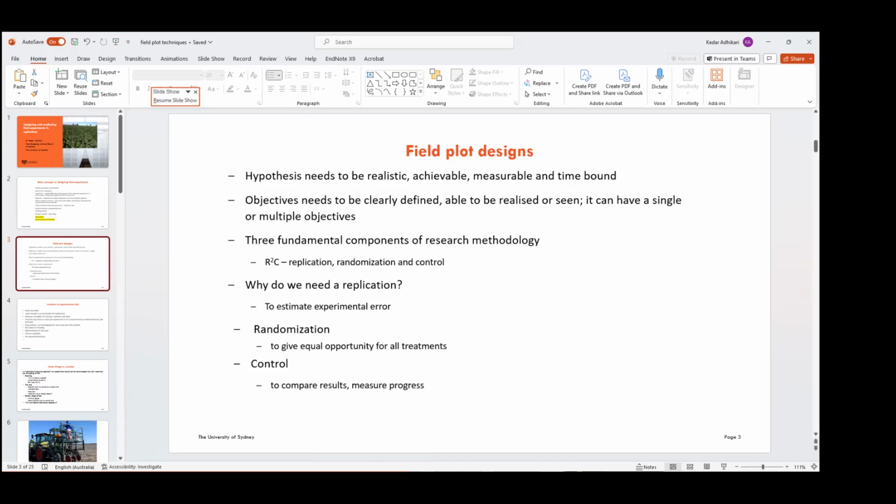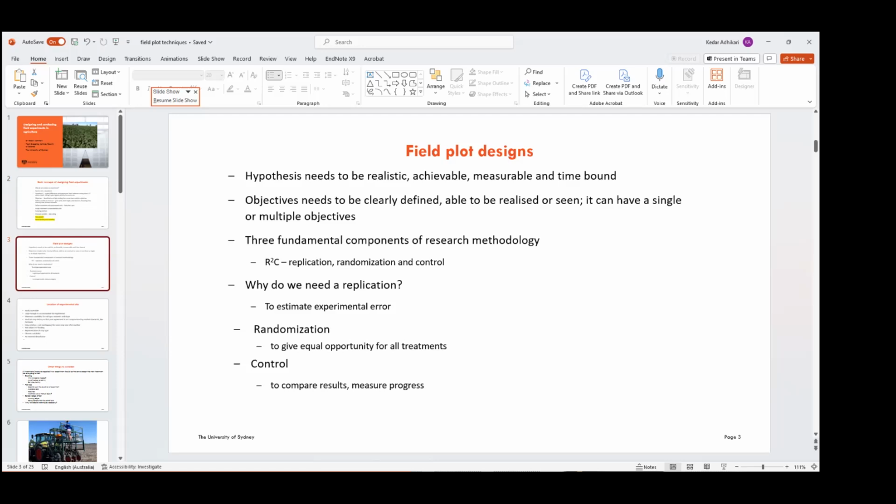When you want to test something, there are some fundamental things in the methodology. I call them R square C: replication, randomization, and control. These things are very important, and you should not forget them.